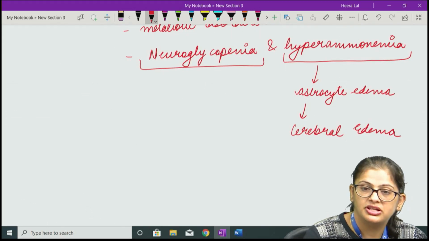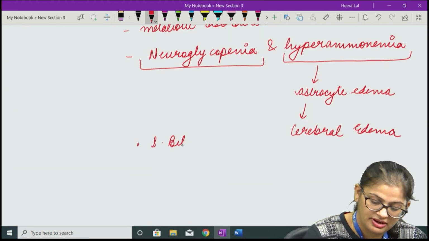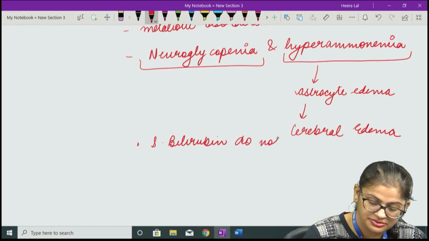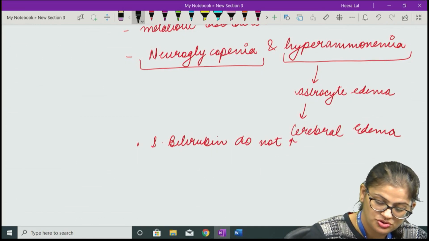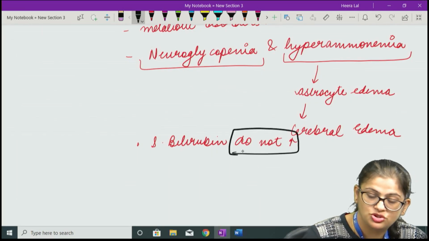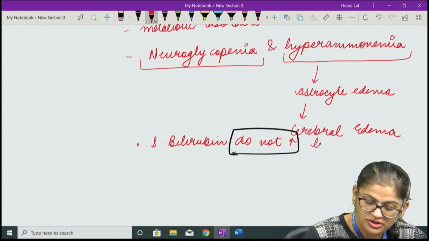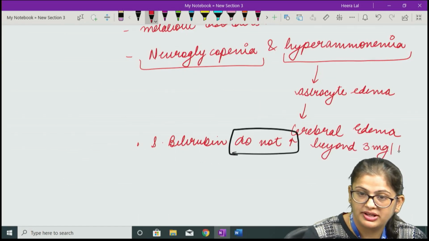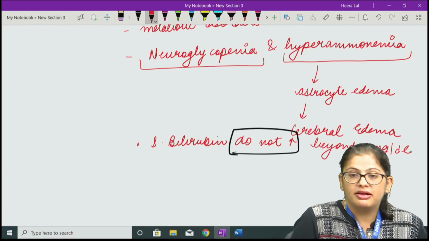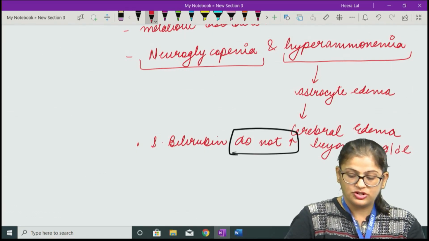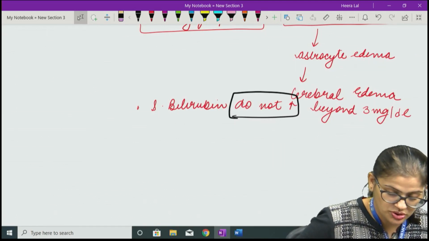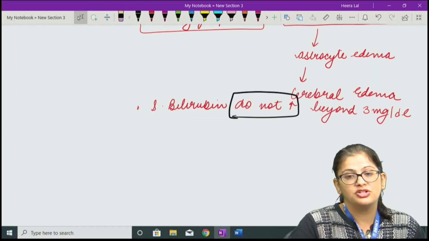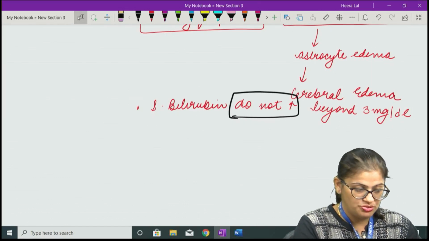And it has been seen that serum bilirubin levels do not increase. So, serum bilirubin levels do not increase beyond 3 milligram per deciliter. So, if you find that the bilirubin levels are high, or if there is conjugated bilirubinemia, then you should consider a diagnosis other than Reye's syndrome. So, Reye's syndrome cannot be seen if there is deep jaundice.